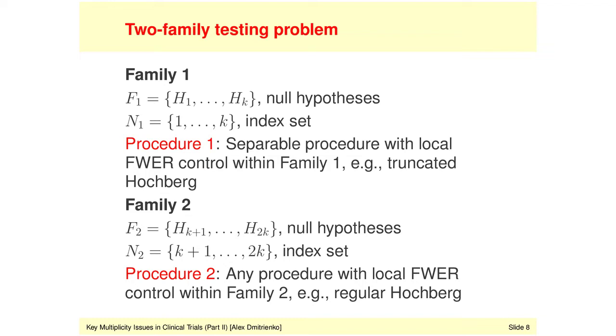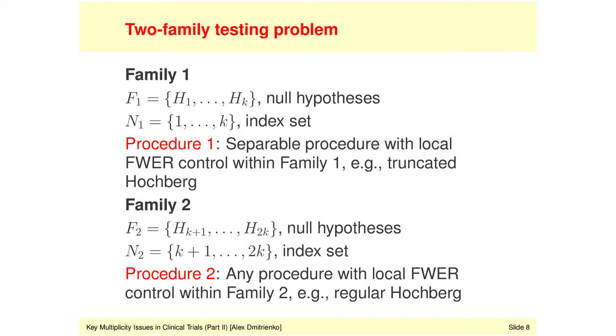We're going to assume that in family 1 there are k null hypotheses of interest. We're going to introduce, just like we've done before, the index set denoted by n1. That's the set of hypothesis indices included in the primary family. We're going to predefine a component procedure. Let's refer to it as procedure 1 for now.